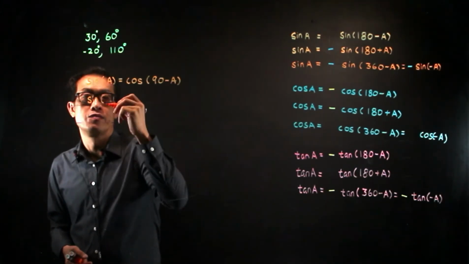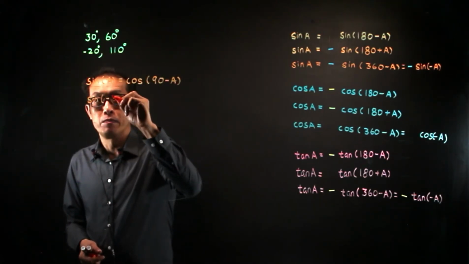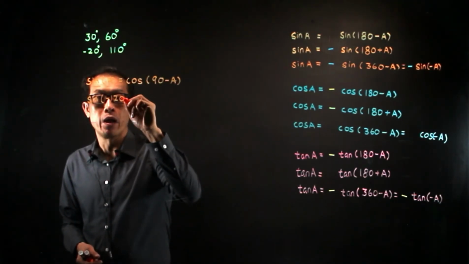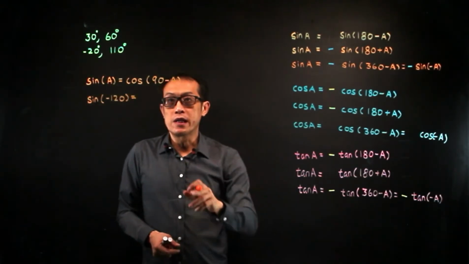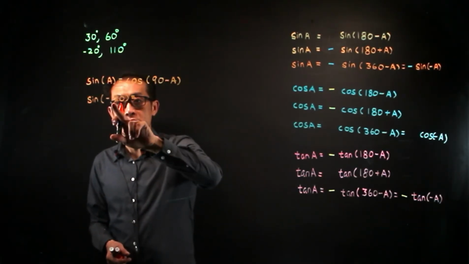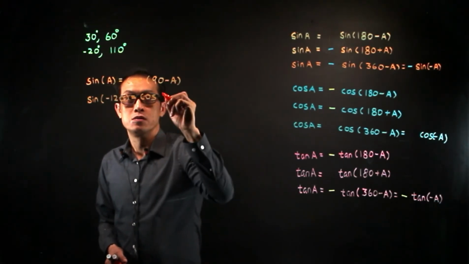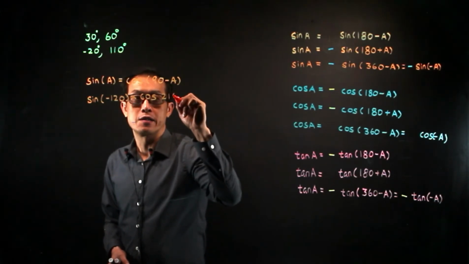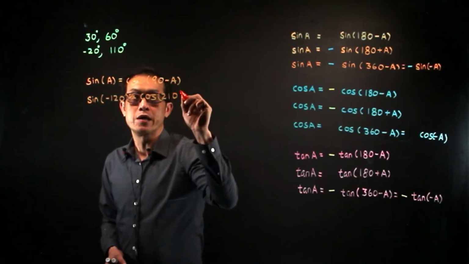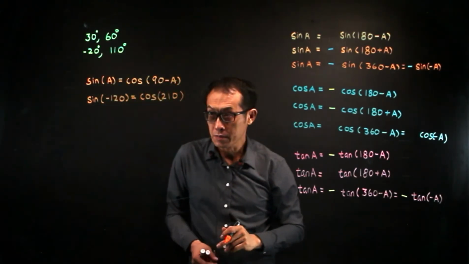Take for example, sine of, say, minus 120. Then I use 90 minus this, so it will be cos 210. Then you check, do these two add up to 90?